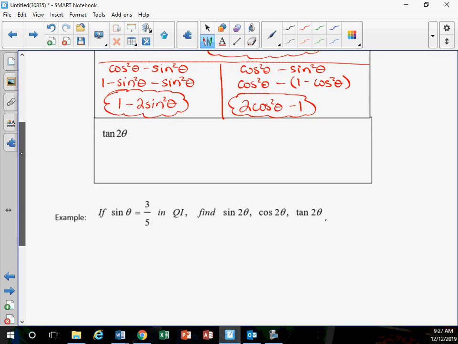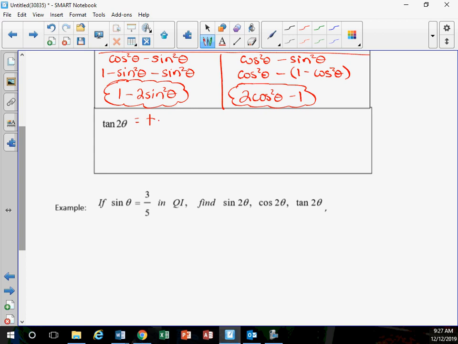So tangent of 2 theta. That's tangent of theta plus theta. So if I look at my formula, that's tangent theta plus tangent theta over 1 minus tangent theta times tangent theta.